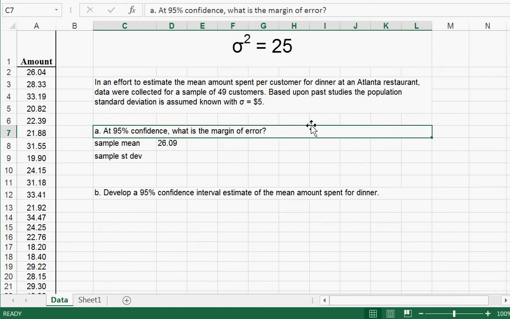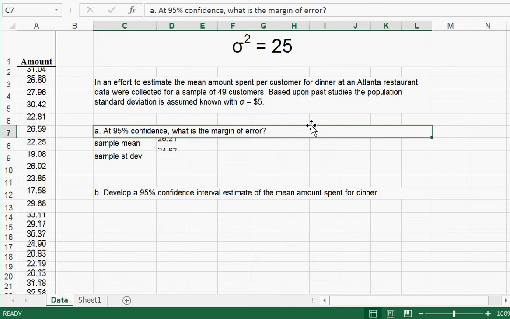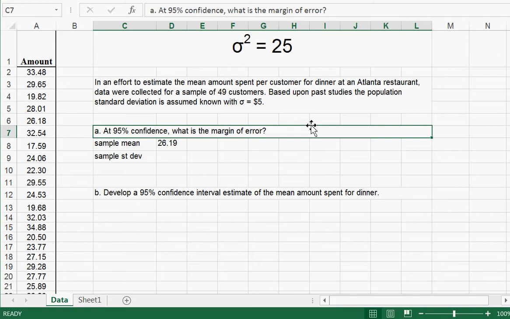What is happening in the mean? What number does it seem to be hovering near? 24 to 26, 25. I bet the mean of this population is probably somewhere in there, about 26.